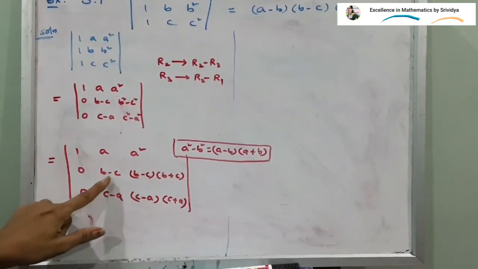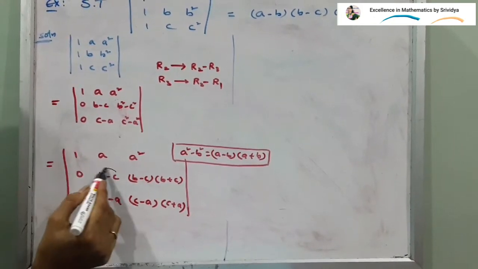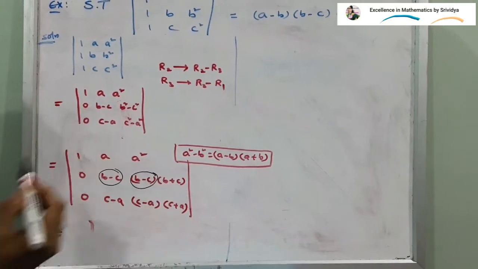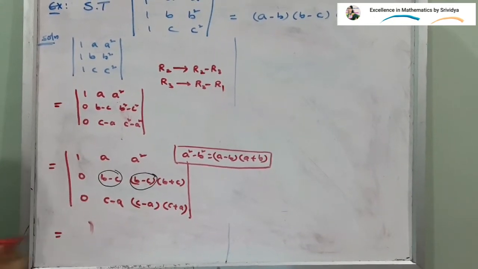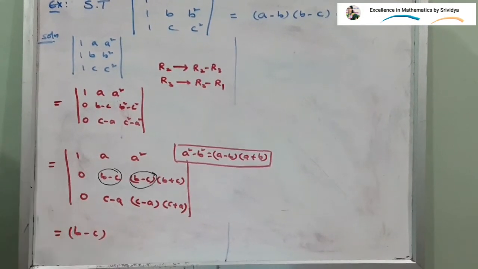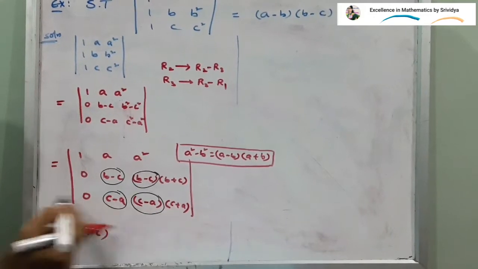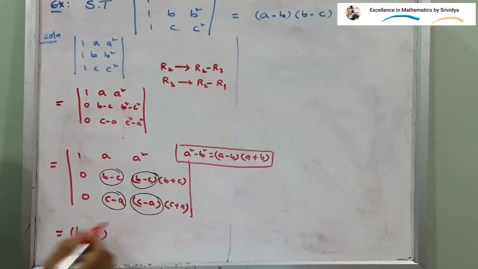The first row is the same. Now what is common here? b − c is common from the second row, and c − a is common from the third row.